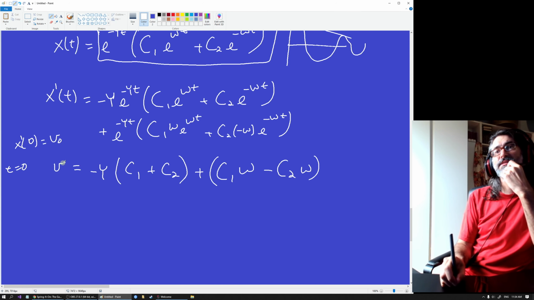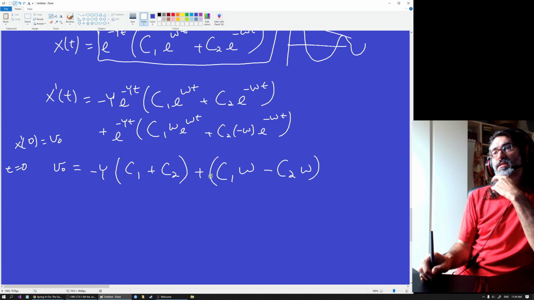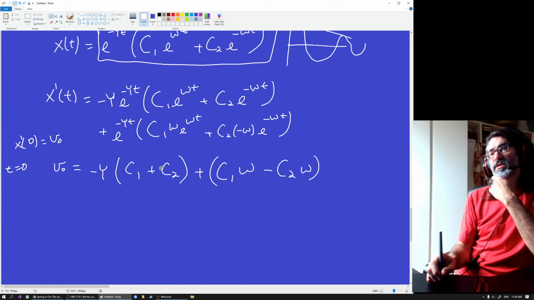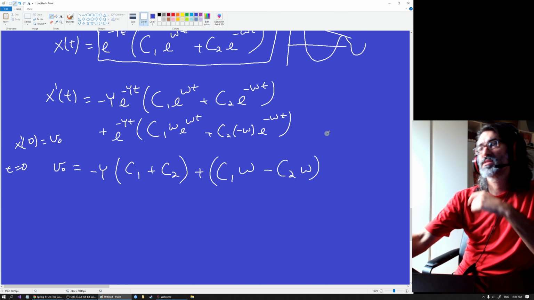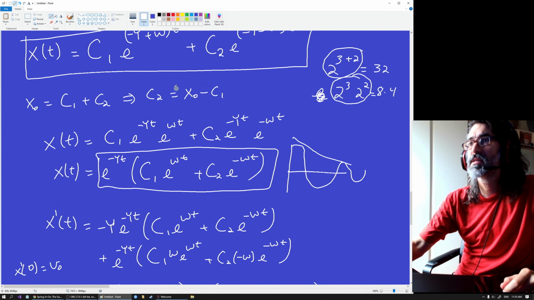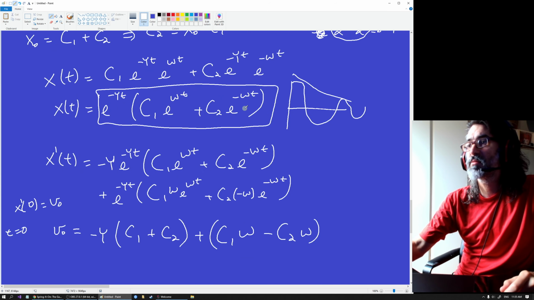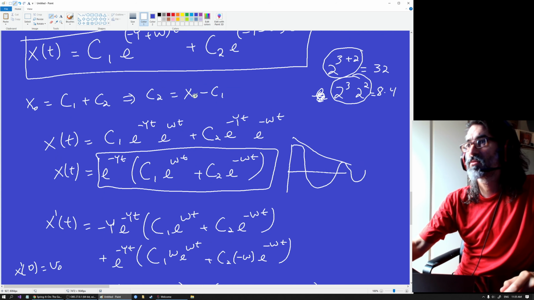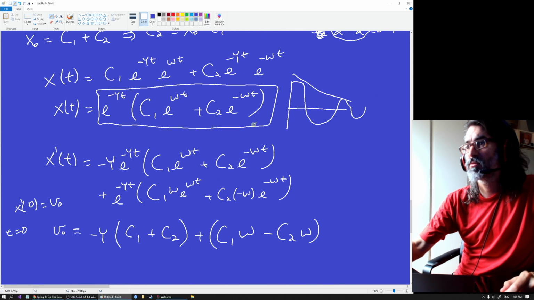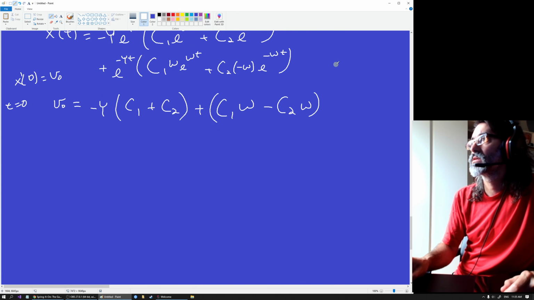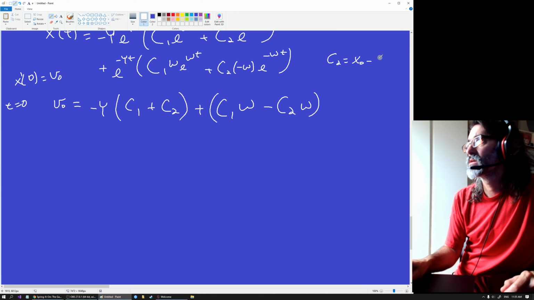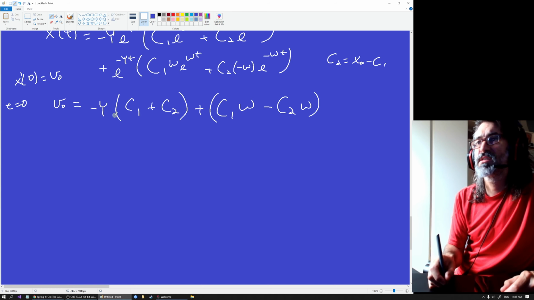And we see that this is equal to v0. Now we want to isolate the constant that we want, and we know that c2 is x0 minus c1. Maybe we could put it right now. So we want to try c2 equals x naught minus c1. Okay, let's just try. The c2 was x naught minus c1, and plug this in here maybe.